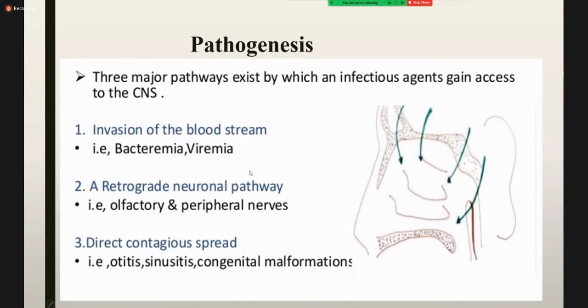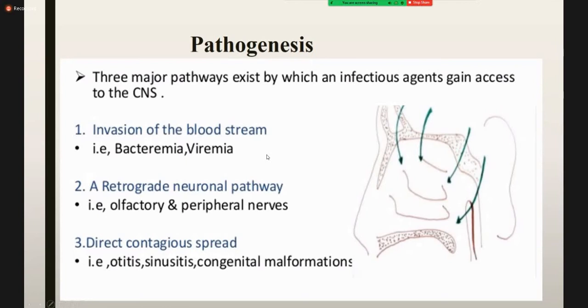One well-known pathway is invasion of the bloodstream, which is termed bacteremia if it is because of bacteria, and viremia if it is because of a virus.